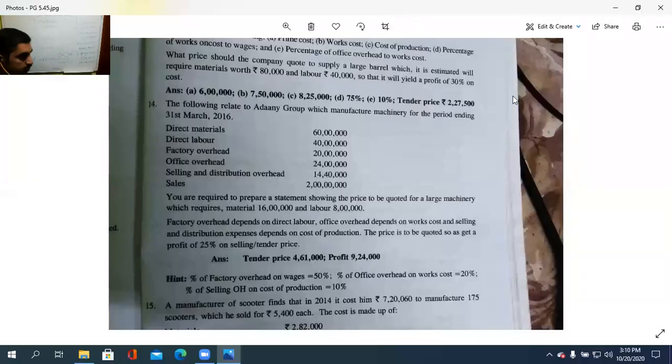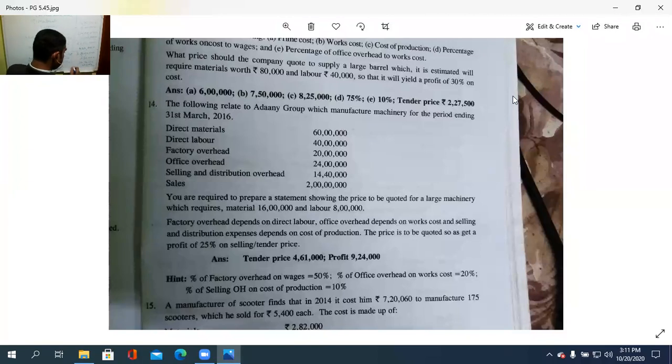So in continuation with that, the total cost is 36,96,000 and sales we need to calculate. So we calculate 36,96,000 into 25 divided by 75.